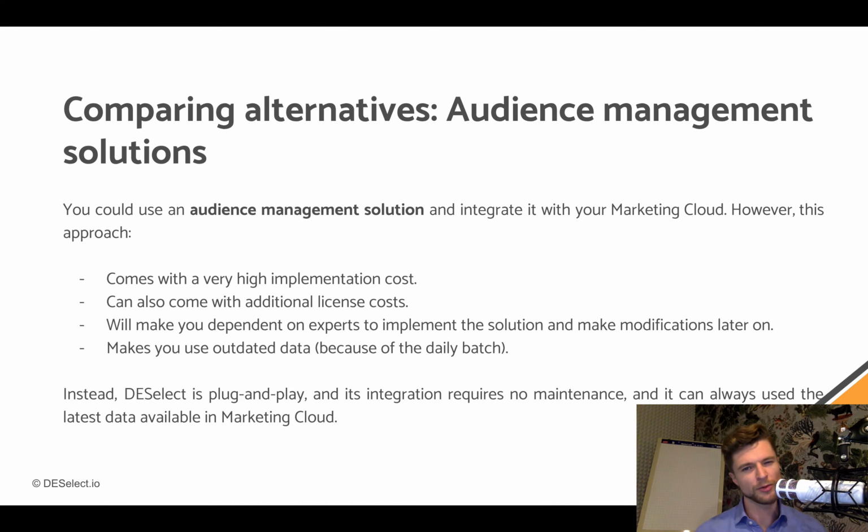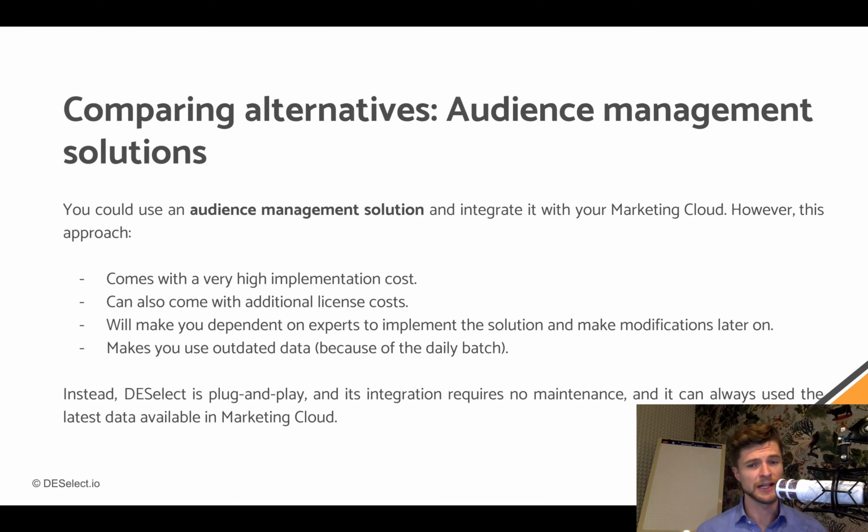Lastly, and this is a bit more technical and functional, but when you have this kind of setup, what typically happens is that your data from Marketing Cloud will sync on a daily basis, with a daily batch, to your audience management solution. What this means is that you will always be using data that is slightly outdated. That's not always a problem, sometimes that's okay, often it's not.